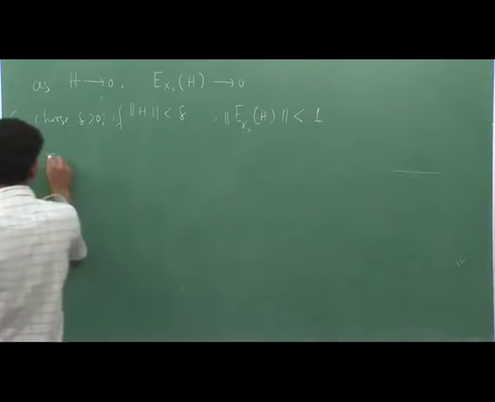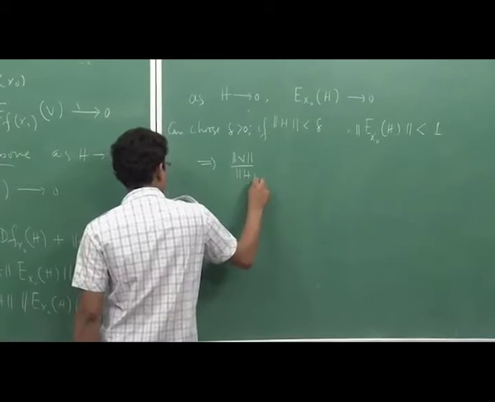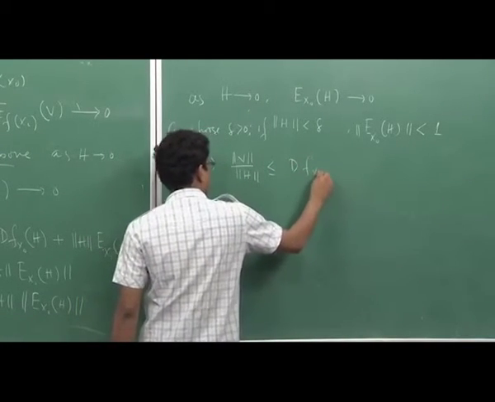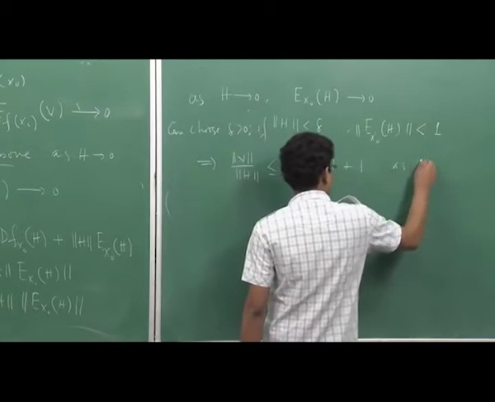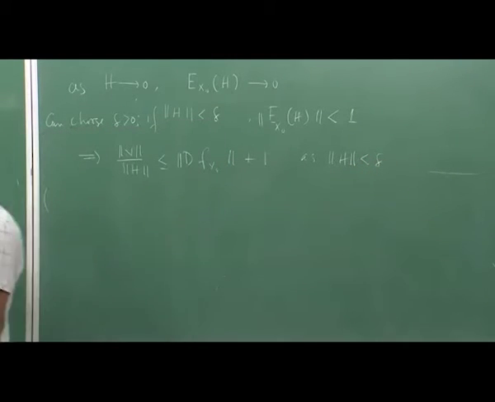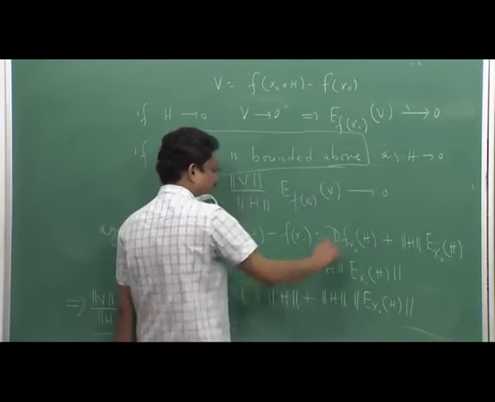That will show norm V by norm H is less than norm of d f x naught plus 1 as norm of H is less than delta. So, this quantity remains bounded. This is what we wanted to prove, is bounded above.